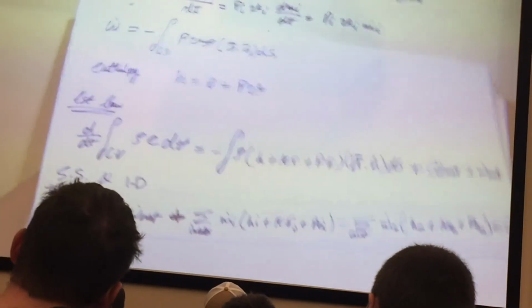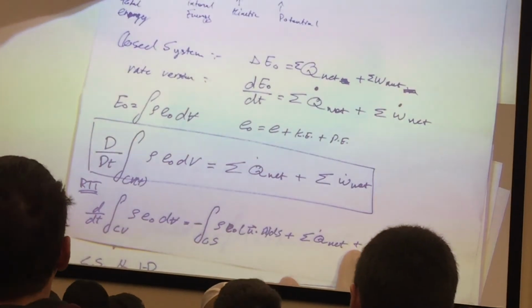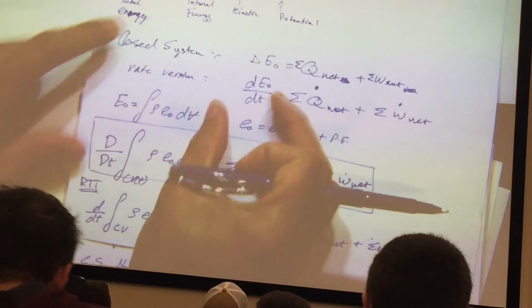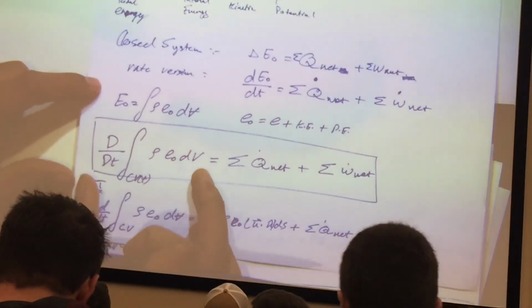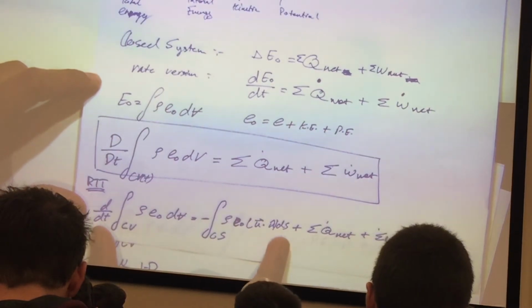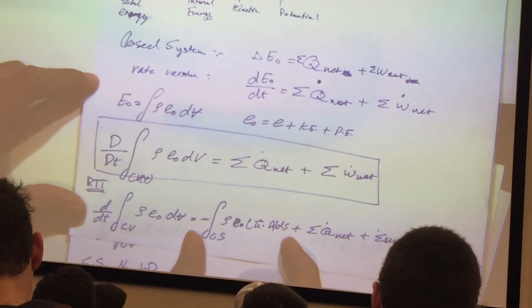Think of how we got to this. We started with the rate of change of total energy. I need to decompose that term. I took it through my substantial derivative and decomposed it with the Reynolds transport theorem. So I have my unsteady term and what goes in versus what goes out.